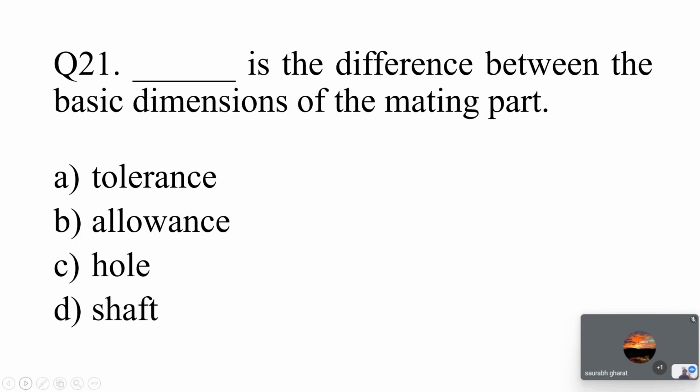Next: the difference between the basic dimensions of the mating part. Tolerance, allowance, hole, shaft. The hole and shaft are a different concept, and tolerance is also a different concept. What is left is only allowance. So the correct answer is allowance.